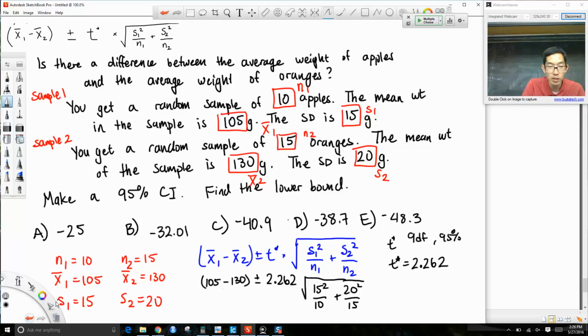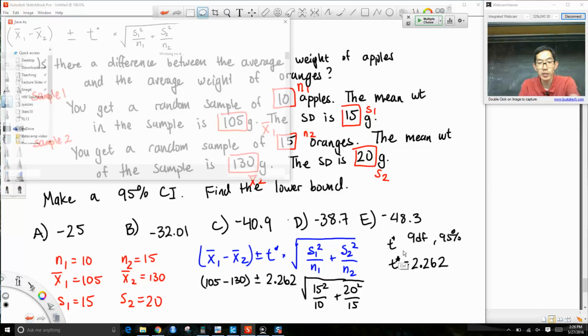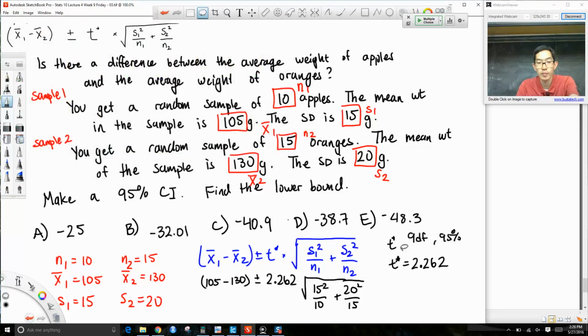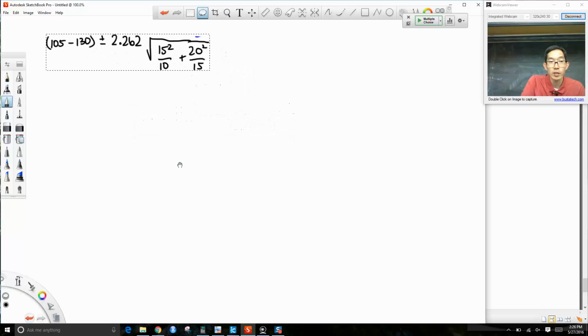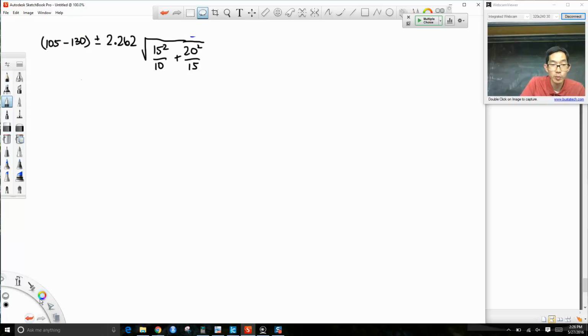Let me copy this onto the next slide just because it's getting messy here. My resulting number, I've got negative 25 plus or minus 2.262 times, I think, like 7.01 or something like that.